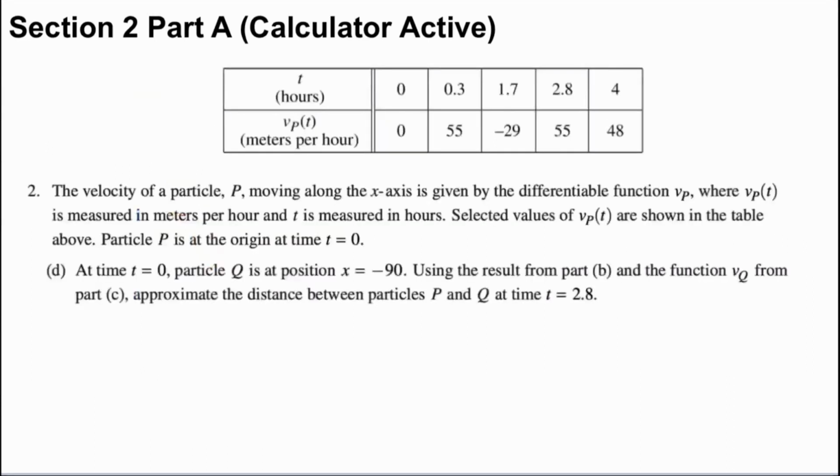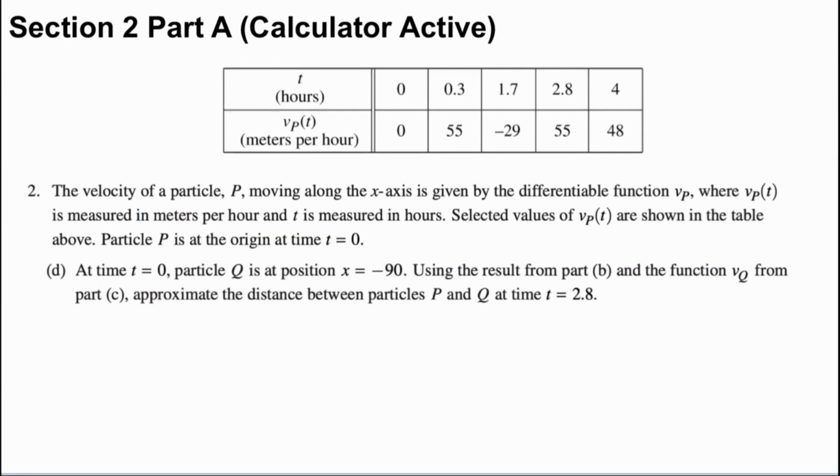At time t equals 0, particle Q is at position x is equal to -90. Using the result from part B and the function VQ from part C, approximate the distance between particle P and Q at time t is equal to 2.8.